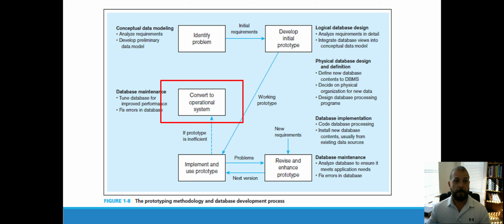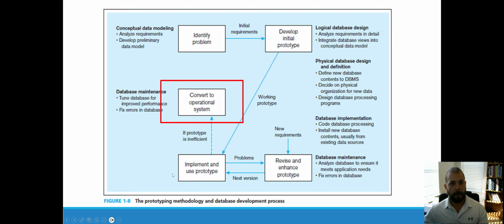The next thing to do, once you've built your prototype, is to implement and use this prototype to really understand: is this working for us? Are we identifying all of the entities and all the attributes? Are we capturing all the data that we need to and meeting all the requirements that we identified back in phase 1?